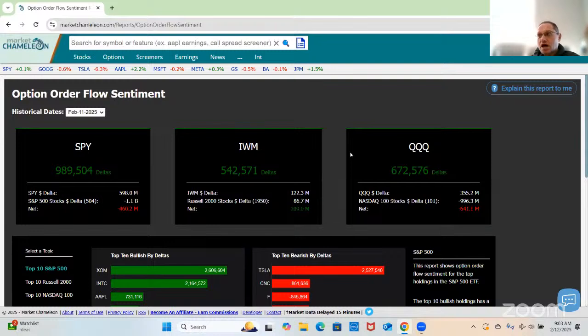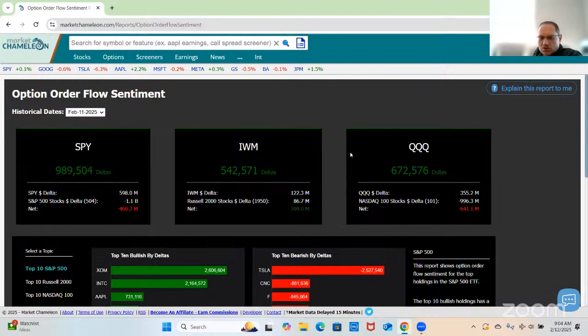And that's the idea behind the option order flow sentiment. We look at the order flow, and then we try to analyze it and create metrics and statistics to get insights. What can they potentially be signaling at this moment? How are they feeling? What they might be feeling at this moment.